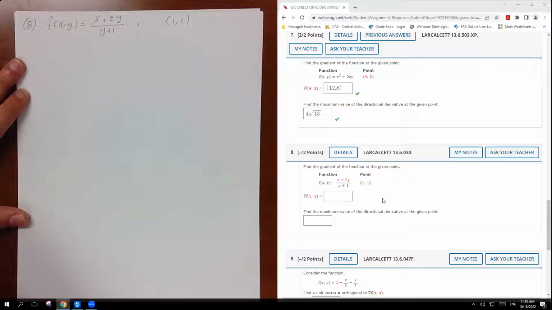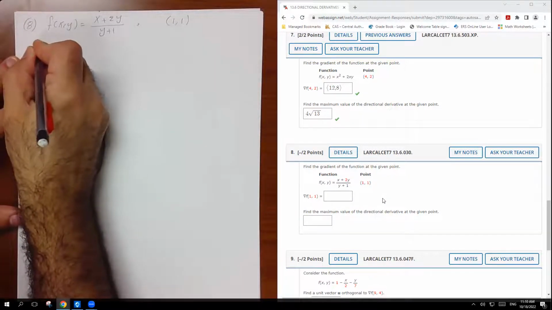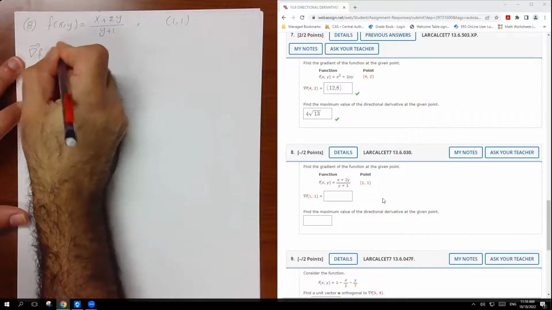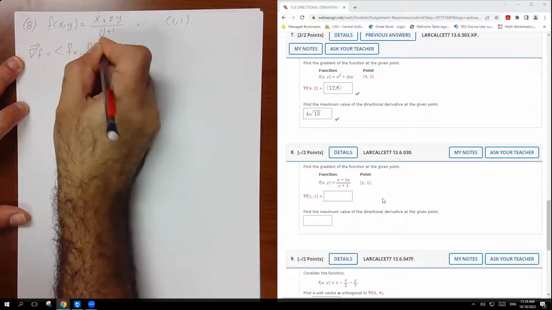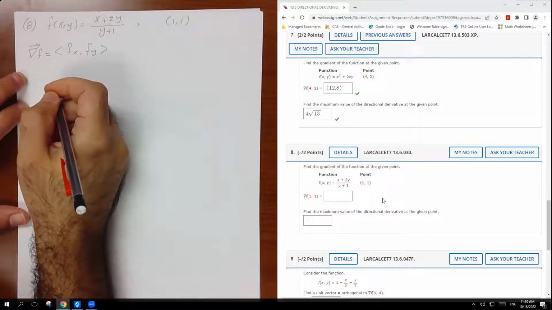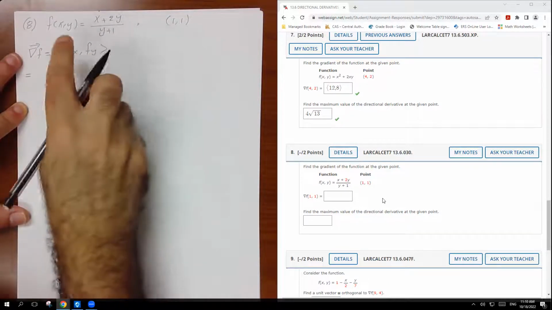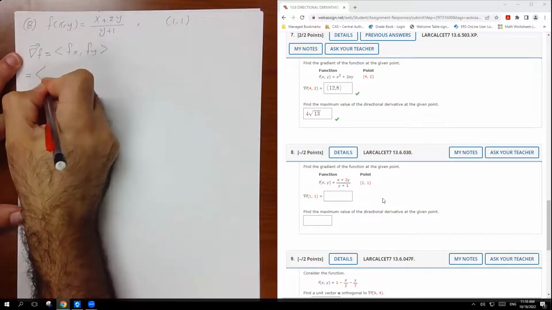So now with this one, we need to find the gradient of the function at the given point. That means the gradient for this function f is going to be f sub x and f sub y. And that means this is equal to the derivative with respect to x, but I'm using the quotient rule.